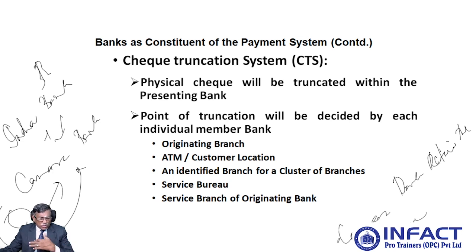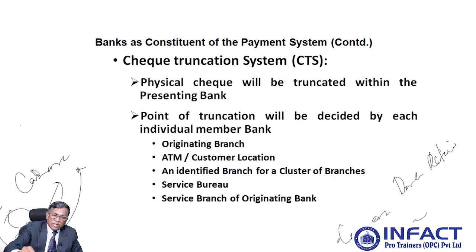In order to avoid all those hurdles, the Government of India, in talks with the Reserve Bank of India and in consultation with the Indian Banks Association, came out with a very novel scheme called the check truncation system. This system is available across the globe, and we have also become a check truncation enabled country, and this has been going on from the year 2013 onwards.